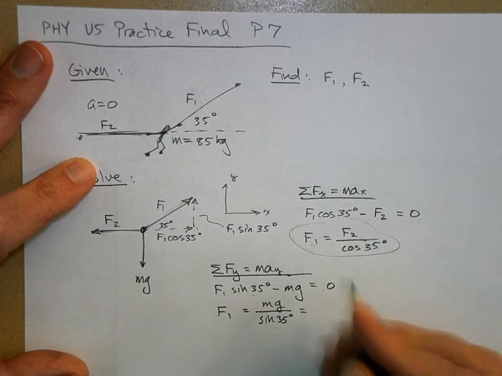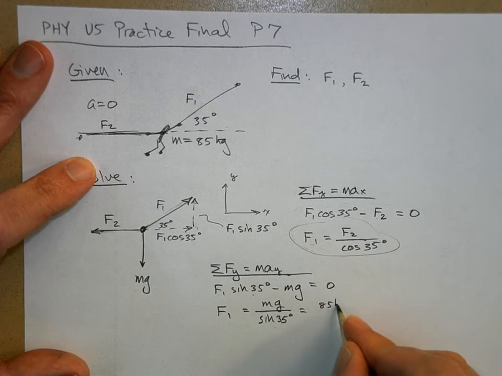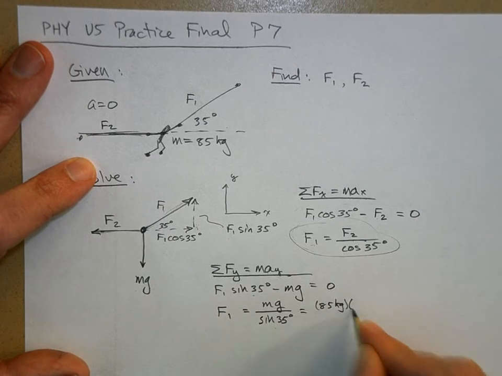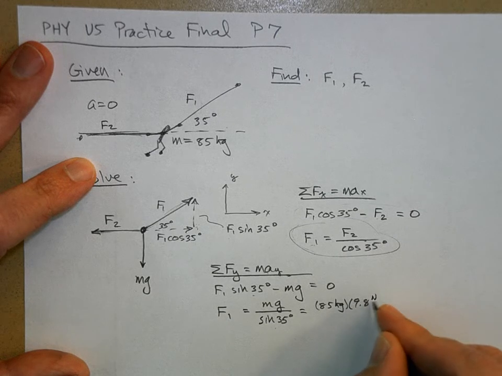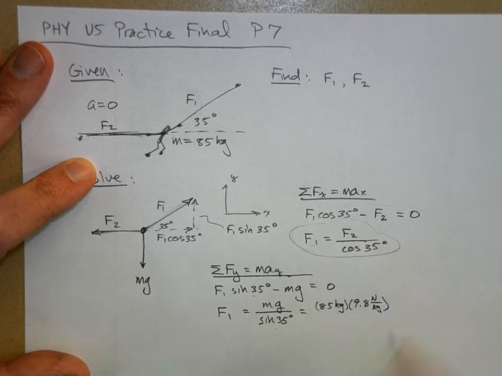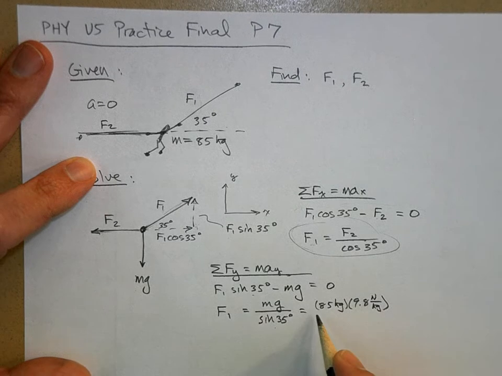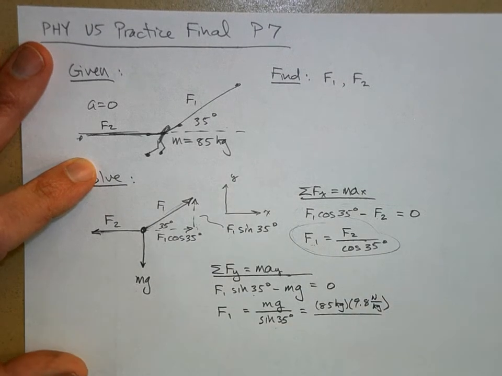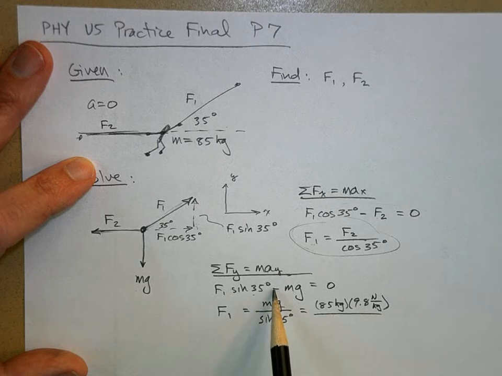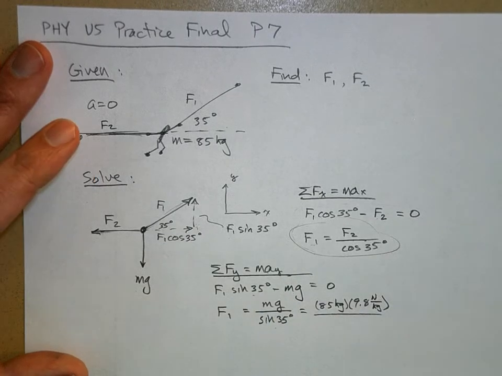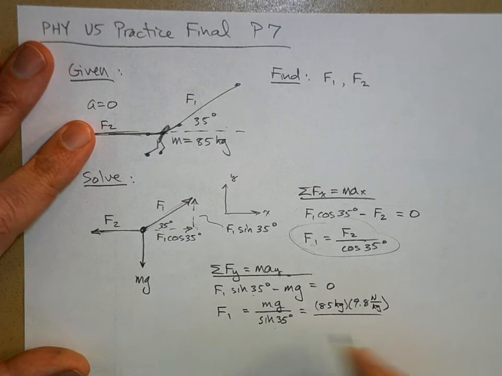Well, Spider-Man is 85 kilograms in mass, and gravity pulls down on Spider-Man with 9.8 newtons of force for every kilogram of mass. Do I need to make this negative here? No. I already did by making it minus mg, so don't put in another negative because now you're saying gravity is up. And then I'm going to divide by the sine of 35 degrees.